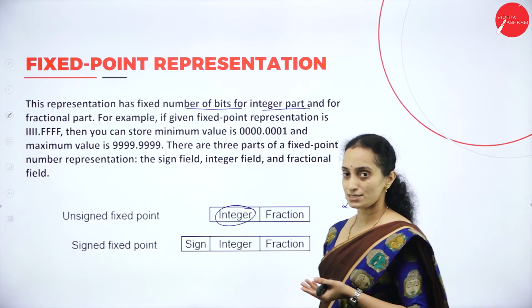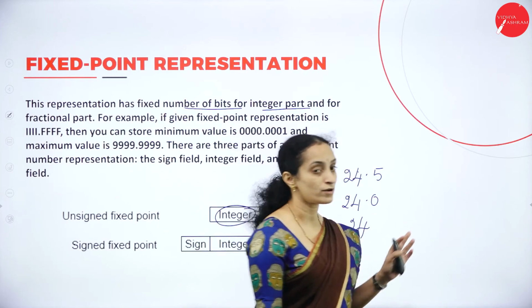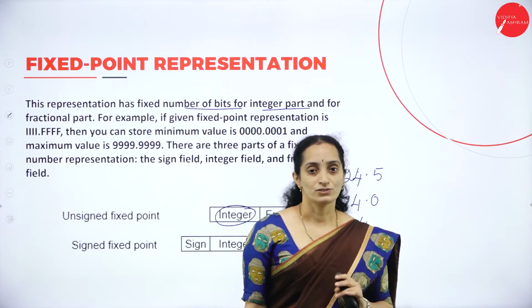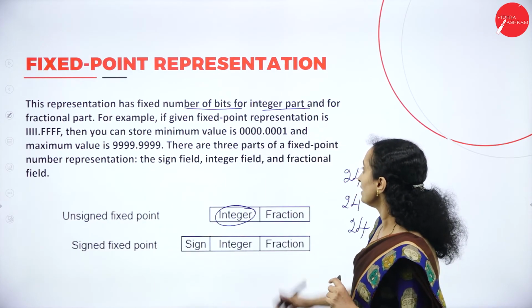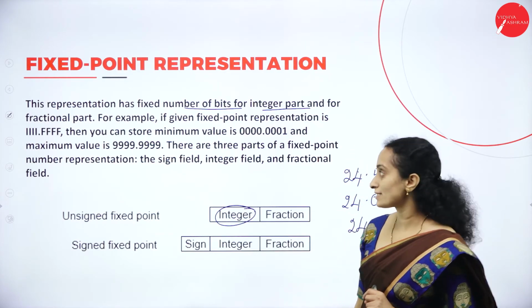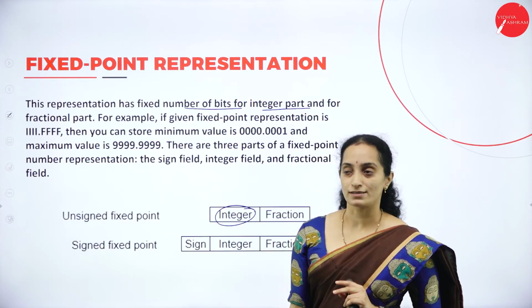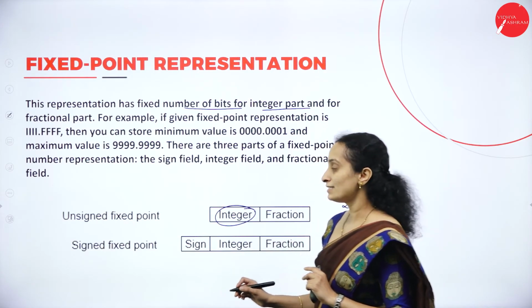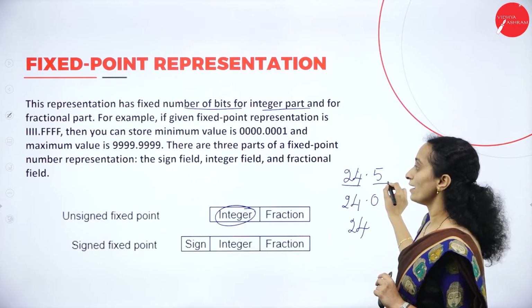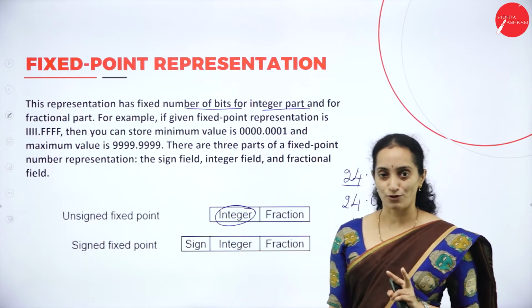Both the representations are correct, is it not? If I represent it as 24.0, you cannot say that it is wrong. Okay. Usually the number representation will have the integer part as well as the fractional part. Here in fixed point, both the integer part as well as the fractional part will have a fixed number of bits.